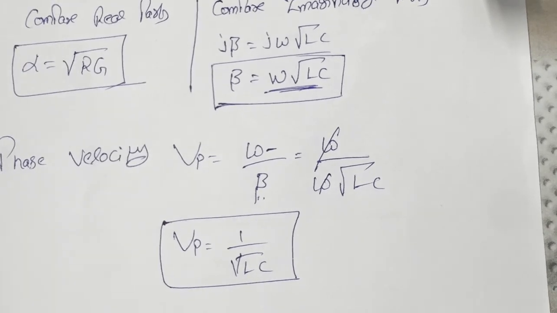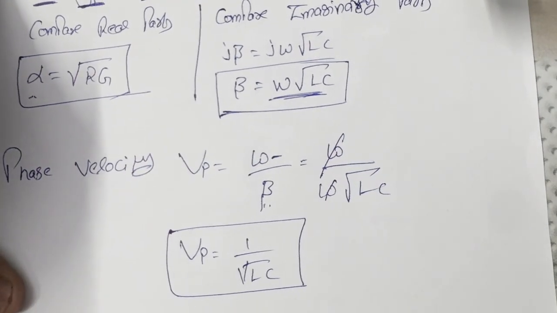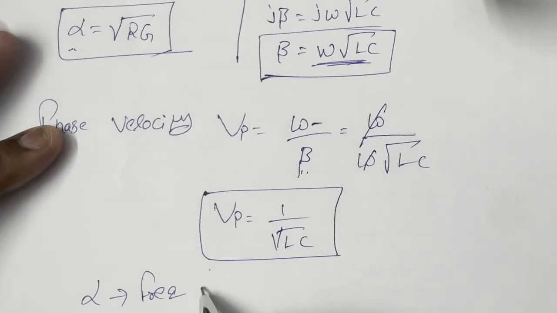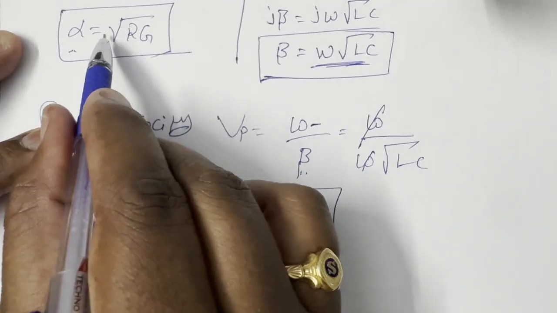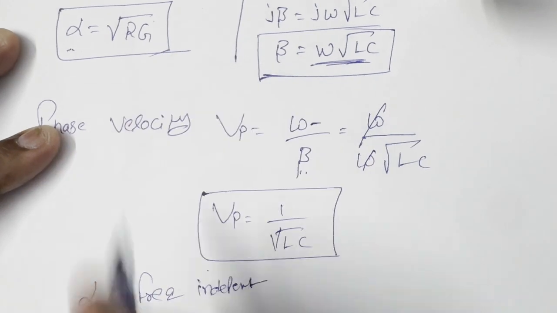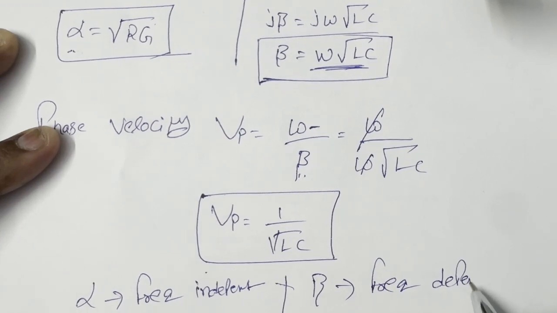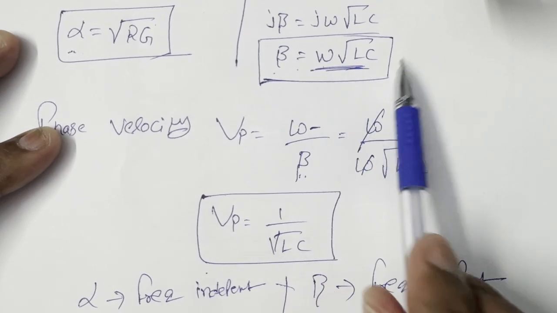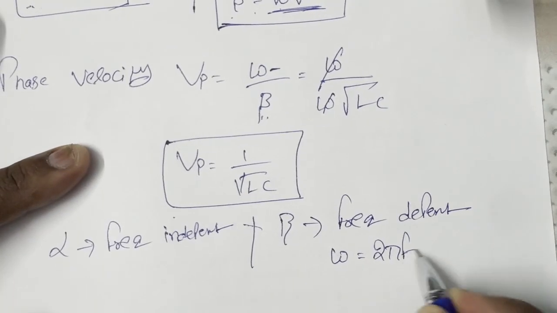Here when we observe, the attenuation constant alpha is frequency independent because there is no frequency term present in alpha, but beta is frequency dependent because beta equals omega root LC, where omega is nothing but 2 pi f.